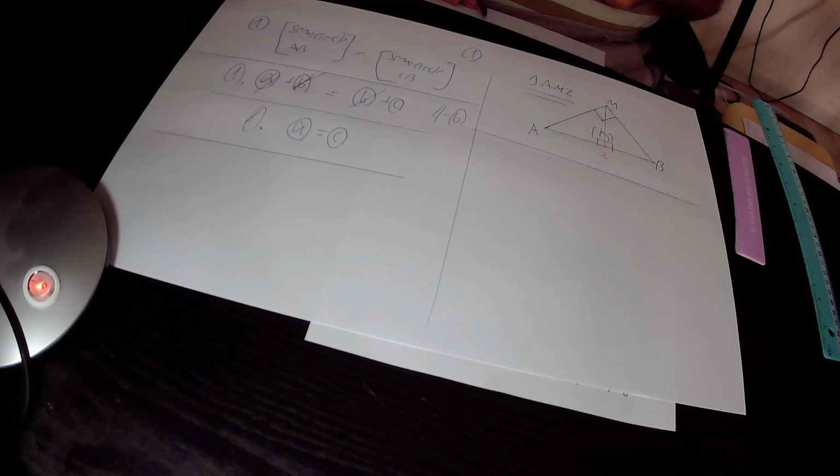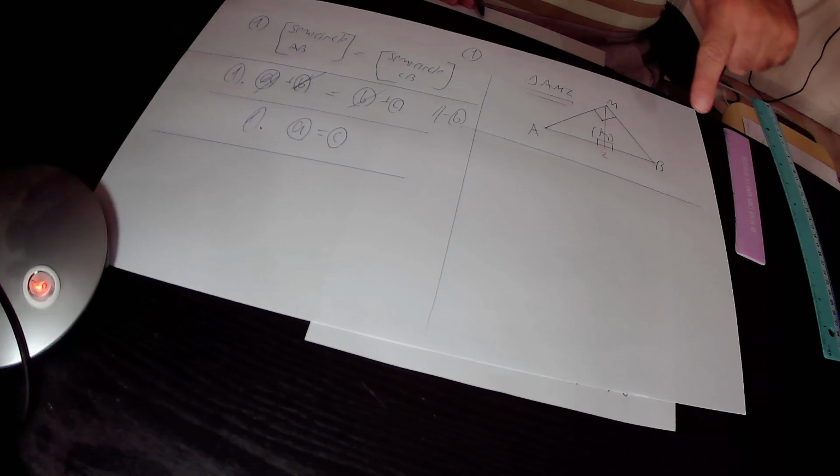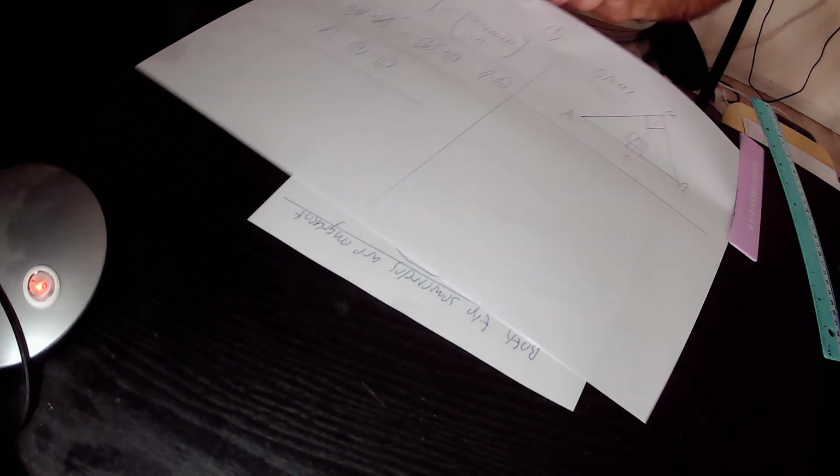According to the first calculation, the area of this right triangle AMB equals the base AB times the height MZ over 2. MZ is h, so it is the base AB times the height h over 2.